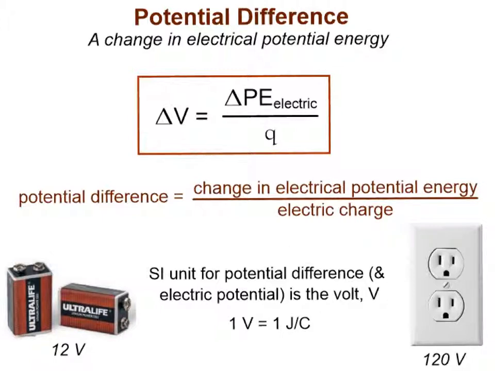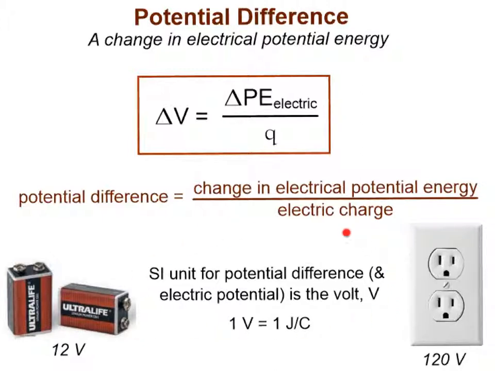Notice that a greater charge involves a greater amount of electrical potential energy, so this ratio is the same as it would be if a smaller charge were at the same position, with a smaller amount of electrical potential energy. In other words, the electric potential at a point is independent of the charge at that point.